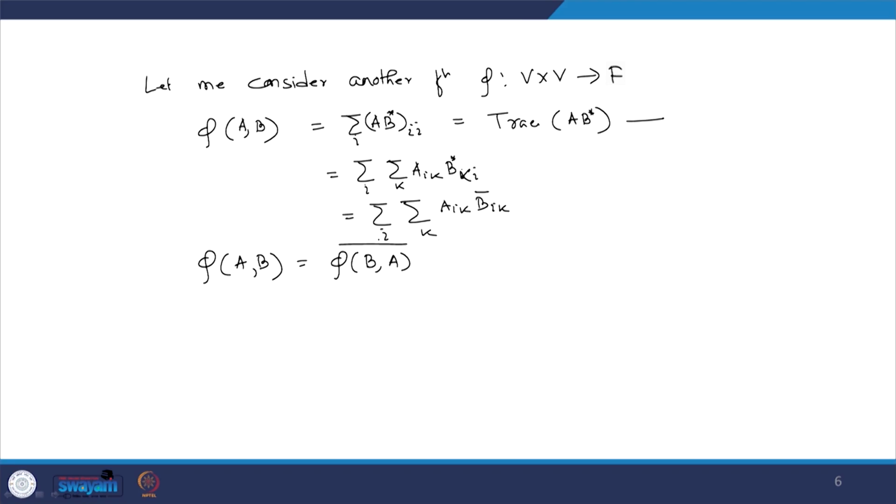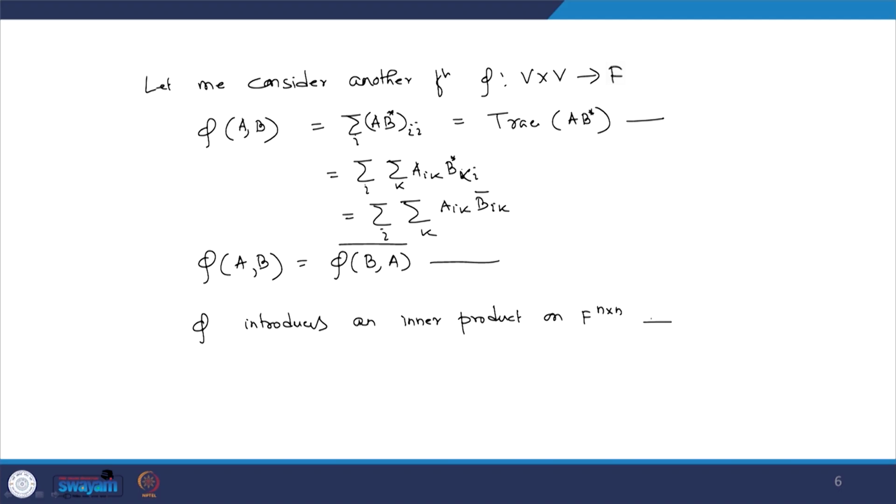So, as I did for the first example over the same space, the same thing can be used for this function also. And here also you can show that this phi introduces an inner product on your space, F n cross n.